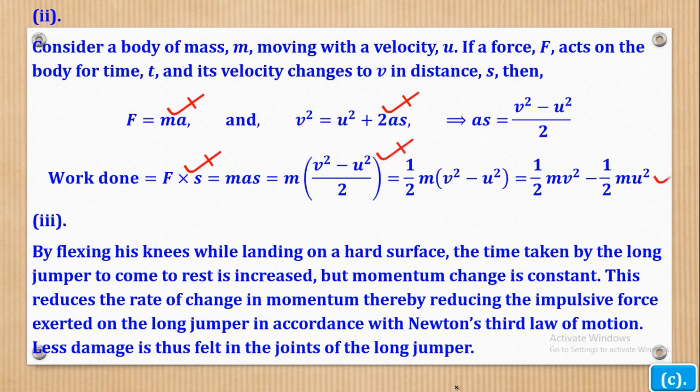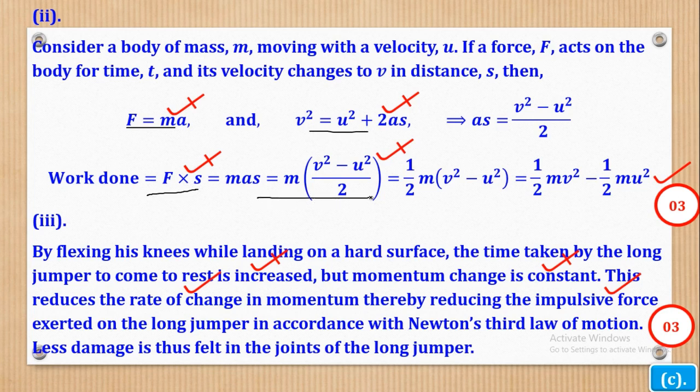So those are the marks for this slide. Half for stating this equation, F equal to ma, half for stating this third equation, half for stating the formula for work done, half mark for substituting, and full mark for the required expression.